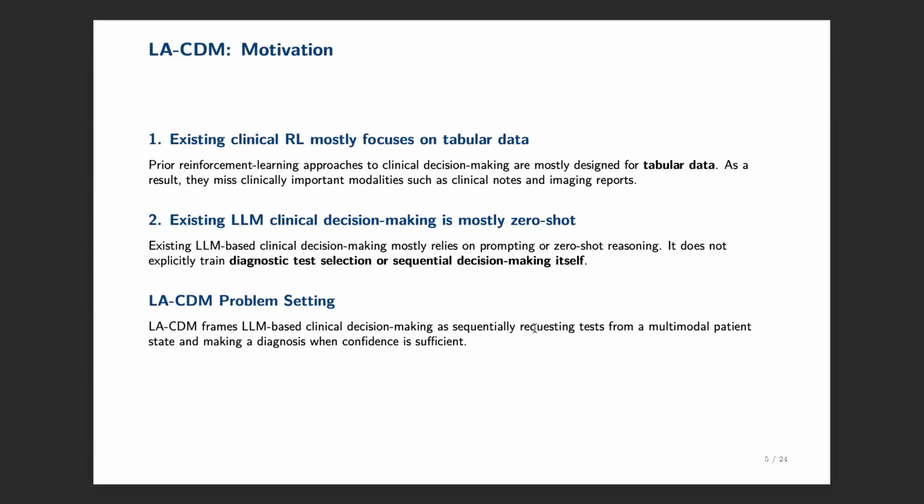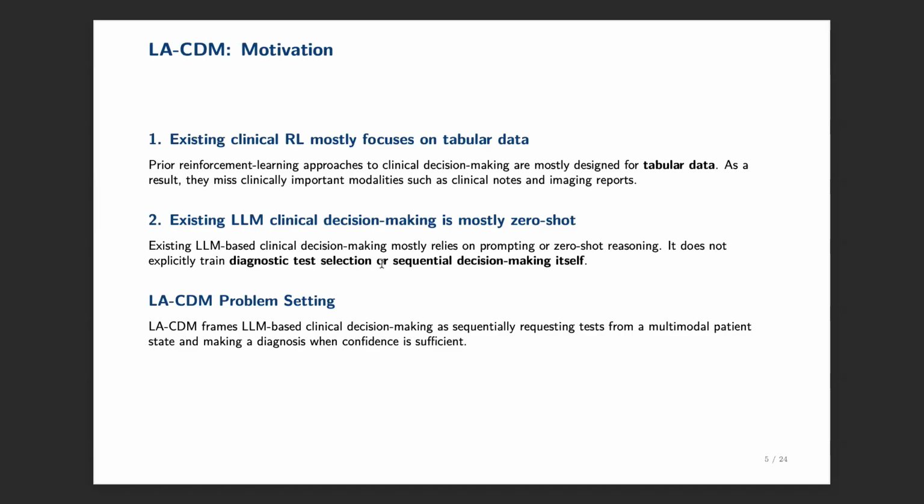So they start from two limitations in previous work. First, many clinical reinforcement learning methods are designed for tabular data. They can work with lab values, but they do not naturally handle clinical notes or imaging reports, which are often textual and very important for a diagnosis.